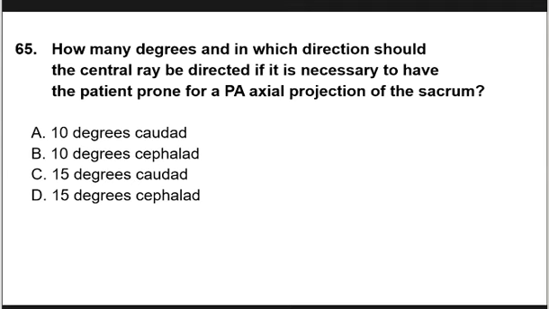We have 5 sacral vertebrae during infancy, and they fuse into one during adulthood, and that is termed the sacrum.